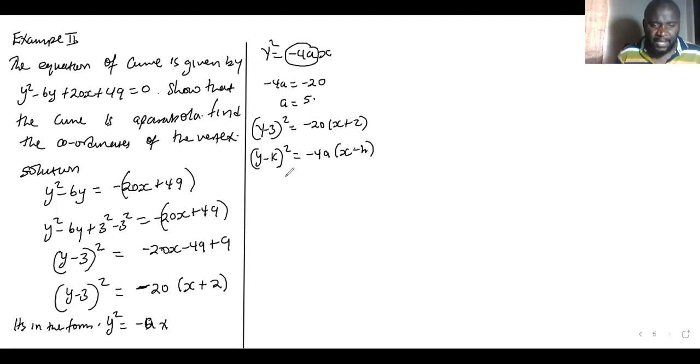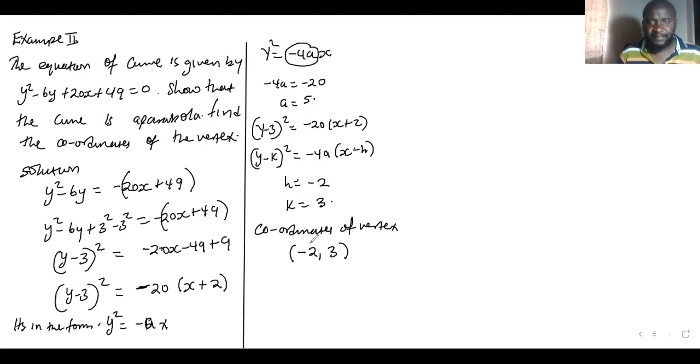Now, do you see that by comparison, h is negative 2. By comparison, k is positive 3. So the coordinates of the vertex are negative 2 and 3.